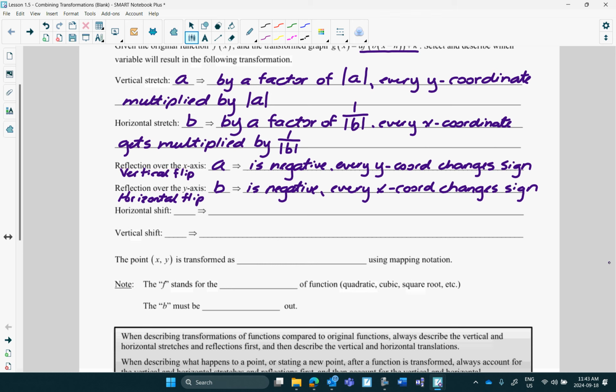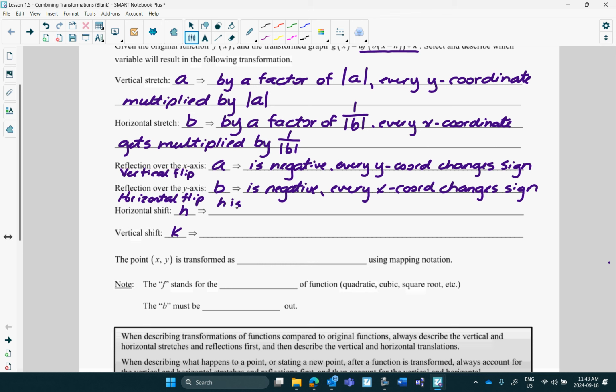And then finally, H and K. Well, the horizontal shift is H, the vertical shift is K. Remember, the equation has to be in subtraction form. So if it's in subtraction form, that means H is positive.